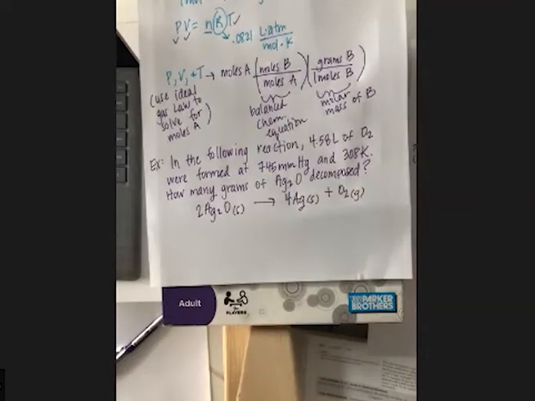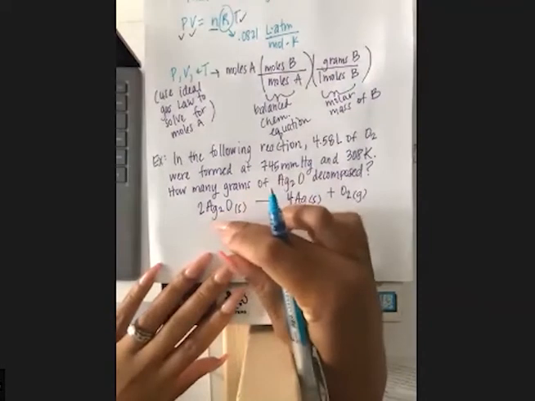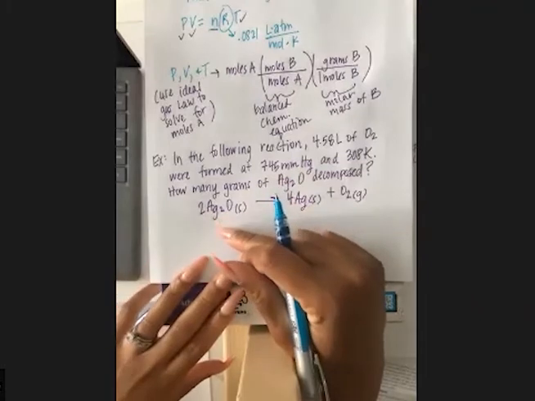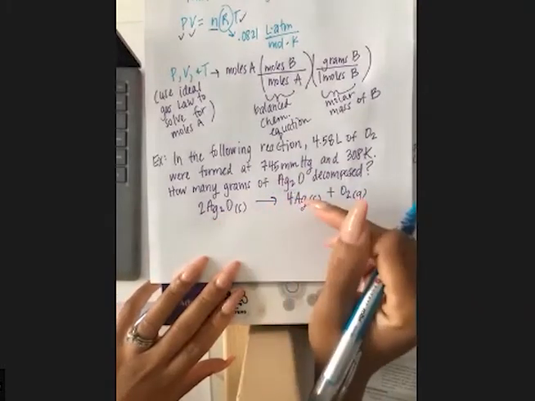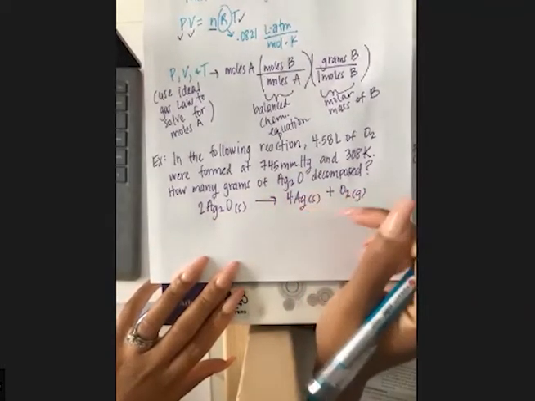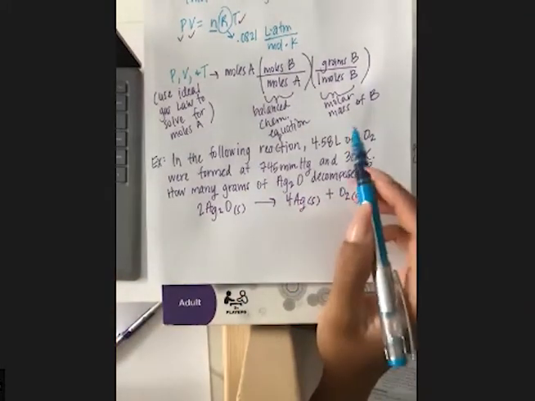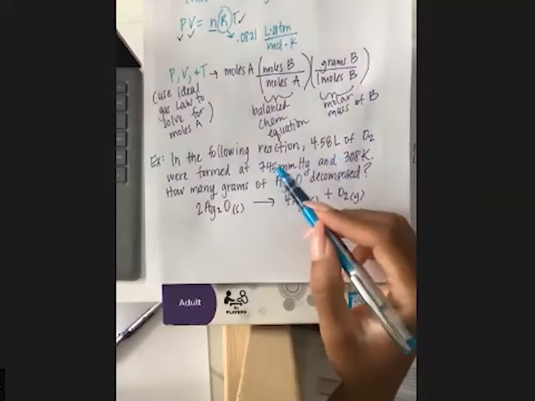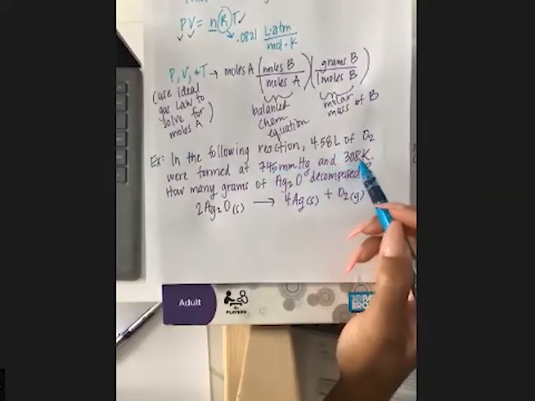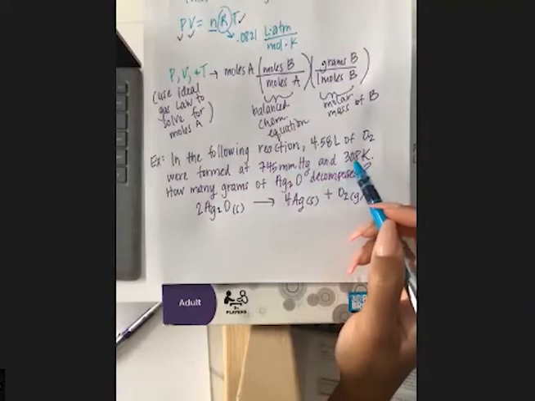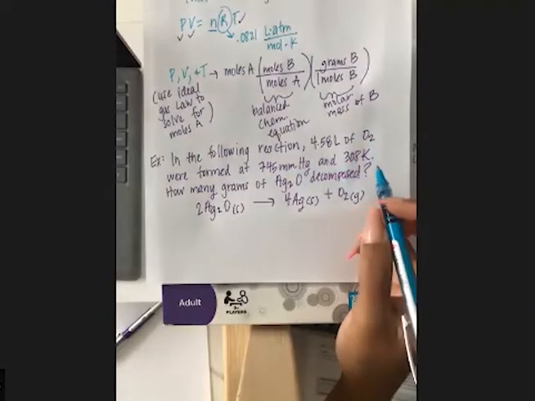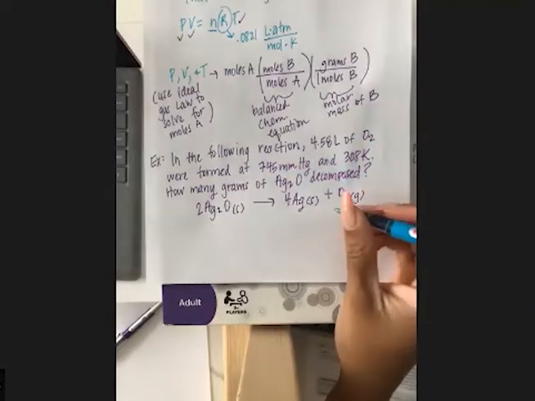All right, so if we talk through this example, we have this reaction. It's a decomposition reaction. We have the silver oxide. It decomposes into just silver and oxygen gas. And it says that at 745 millimeters of mercury and 308 Kelvin, I have 4.58 liters of oxygen gas.